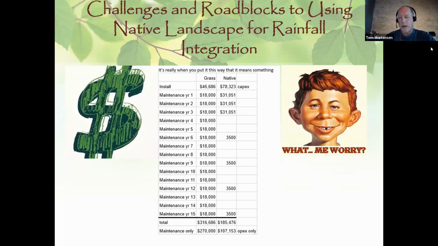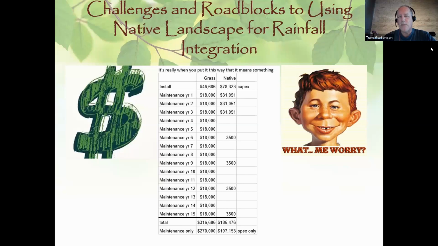So the column on the left there is if they would have just used turf, and I got these numbers from several landscape maintenance contractors, and then I averaged them. So when you look at the math of what you spend every year on a site this size for maintenance, just of turf, and that includes spraying weeds and all the other stuff you need to do to maintain turf, irrigation, that adds up pretty quick.